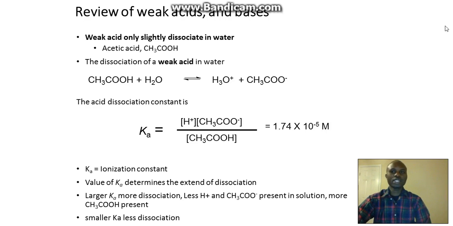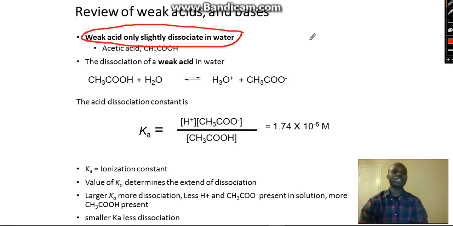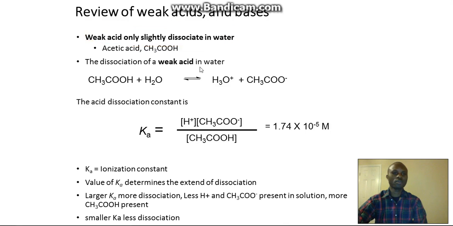For a weak acid, it's a little bit different. It's a little bit more complicated than just a strong acid. We need to know that the weak acid will only slightly dissociate in water. One example of the weak acid is the acetic acid, which is shown here.